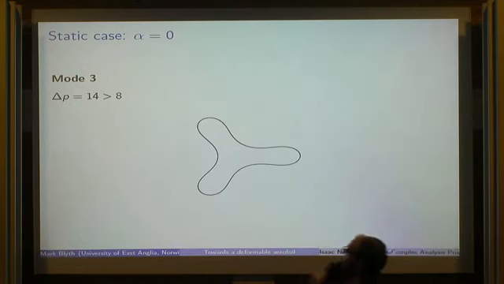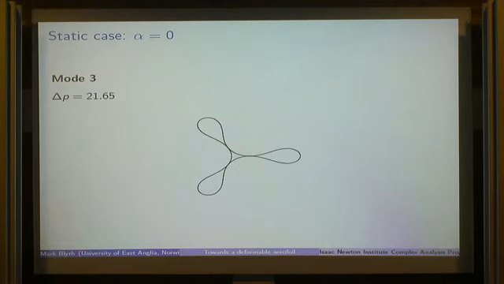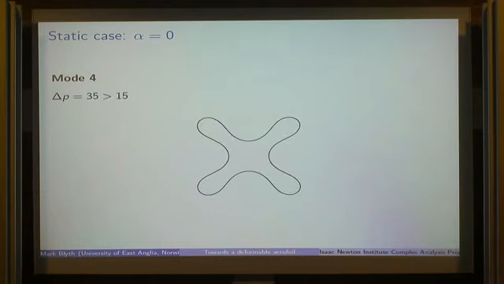So you get mode 3-fold rotational symmetry modes, and so on. So at this point, the mode 2 shapes still coexist with these, and so does the original circle, and so on. Increase delta P to a critical value, then you develop points of self-contact, and with mode 4 shapes, it's similar.